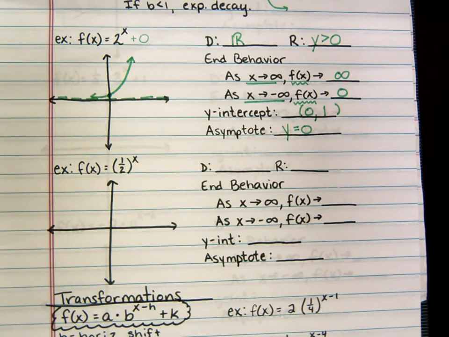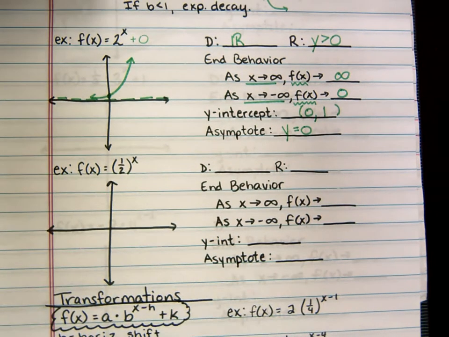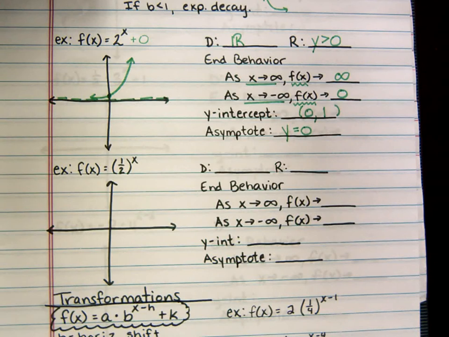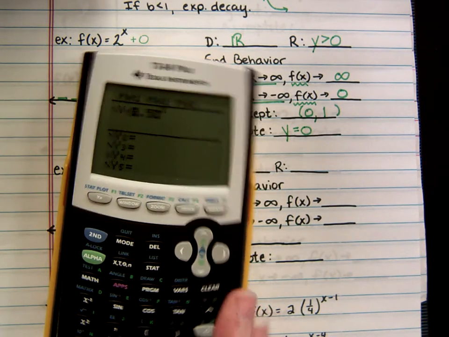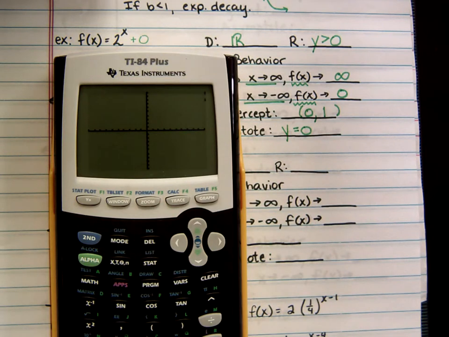Now, this exponential function here will be an exponential decay because this value is less than 1. So, if I do 1/2 to the x power, we can see that it's very similar but goes the other way.